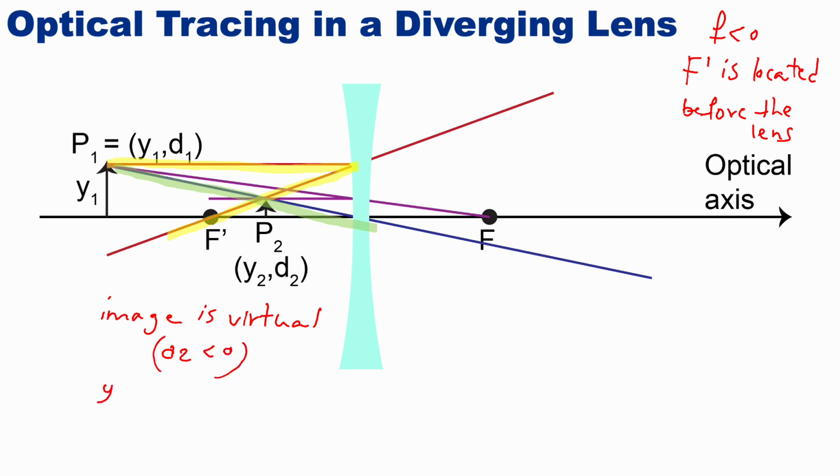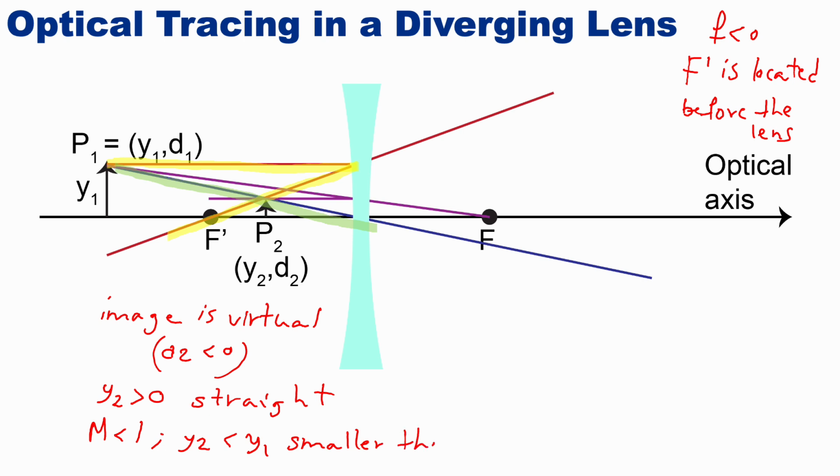And then y2 is gonna be positive, so that means that it's erect, the image in the same direction as the object. And then the lateral magnification is gonna be smaller than 1, meaning that y2 is smaller than y1, so the image is gonna be smaller than the object.